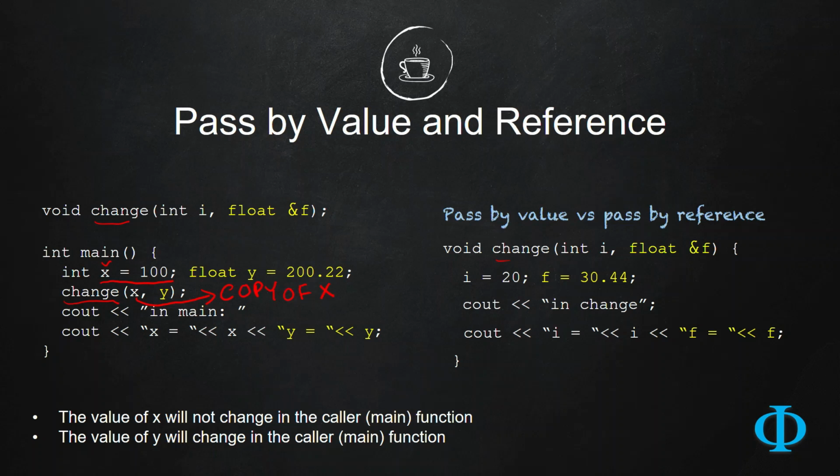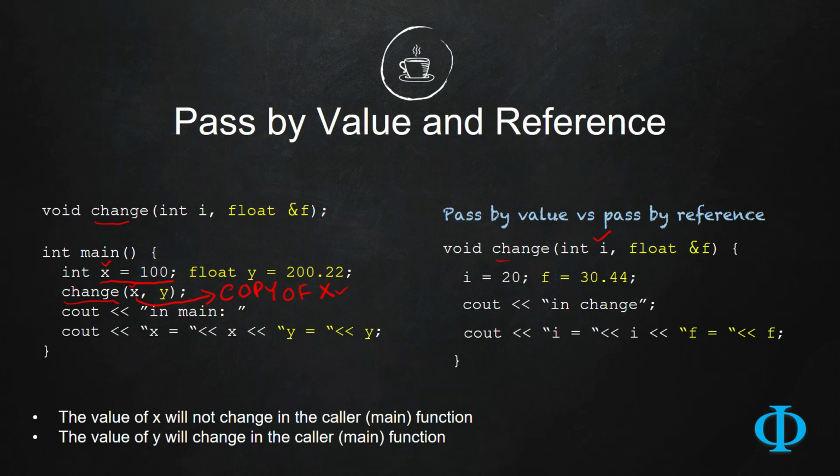As a result, whatever change you make in this first parameter will never be reflected in the original x. It will never change the original value of x at all. So that is pass by value.